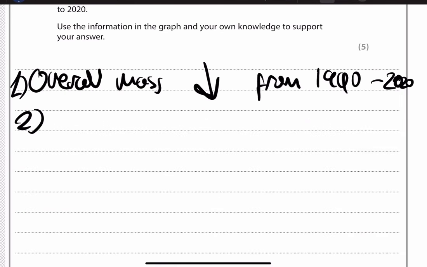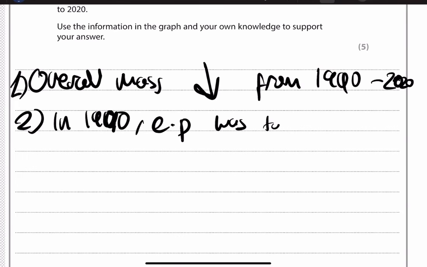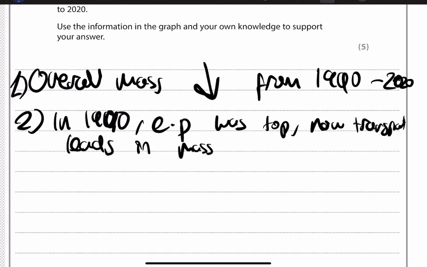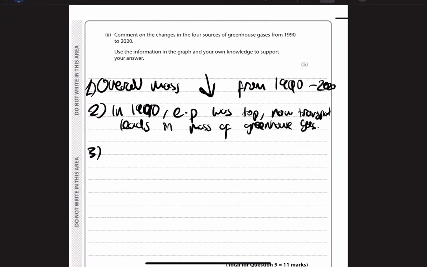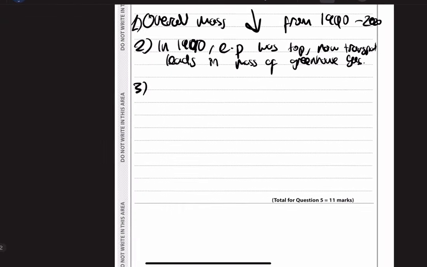So in 1990, energy production was top. Now transport leads in mass of greenhouse gas. Like I said again, I'm writing in half sentences just for the sake of time, but please write in proper sentences in your actual exam.